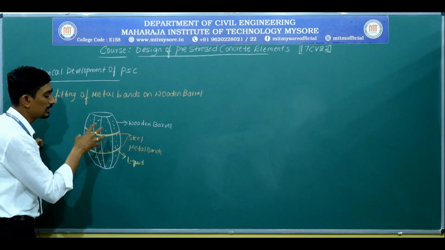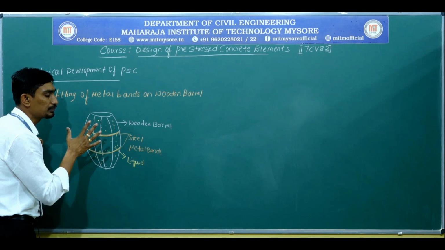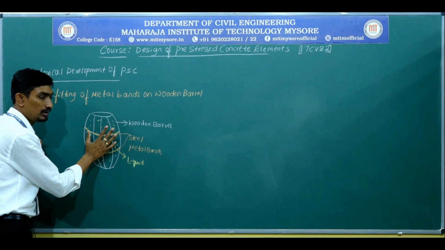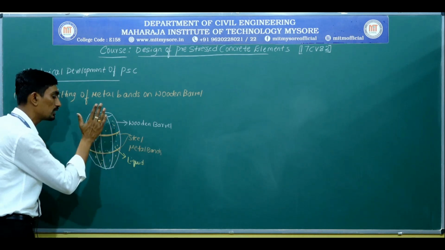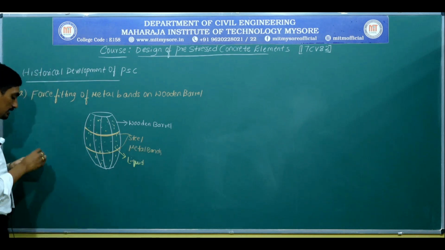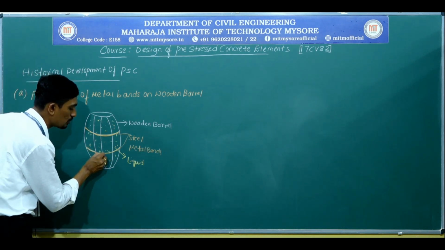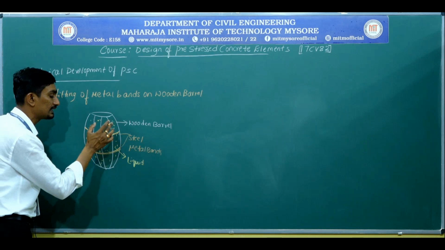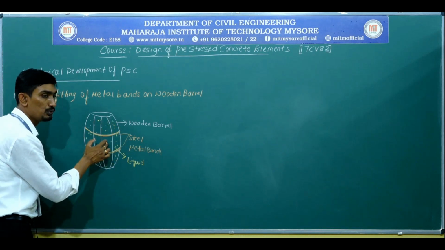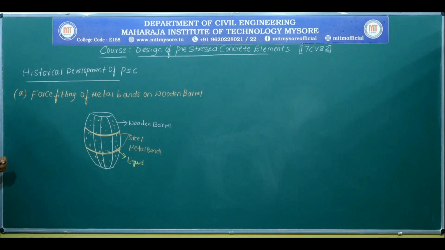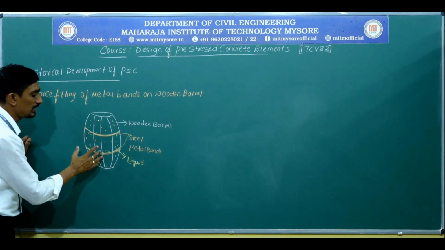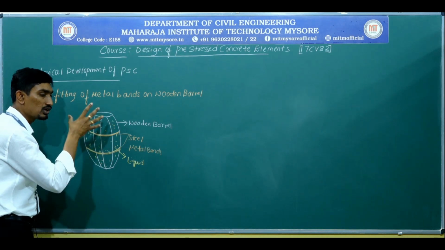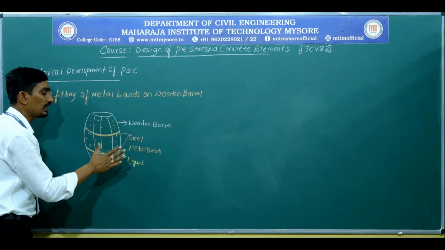By creating the tensile stresses, it will try to push these panels. So in order to counteract these tensile stresses, these steel metal bands were introduced. So these steel metal bands were introduced to counteract the tensile stresses developed due to the liquids. Did you get my point? So this steel metal band will create stresses which will counteract the stresses resulting from the liquid.